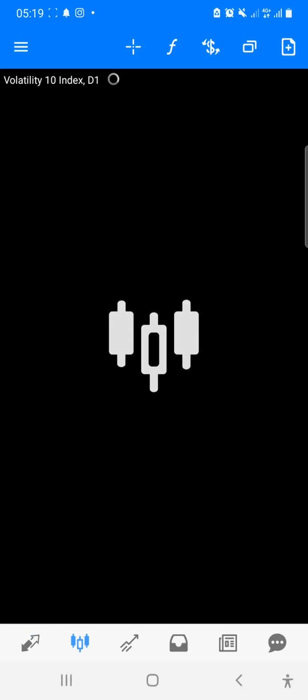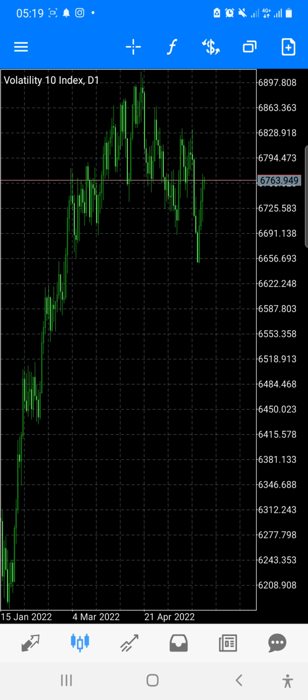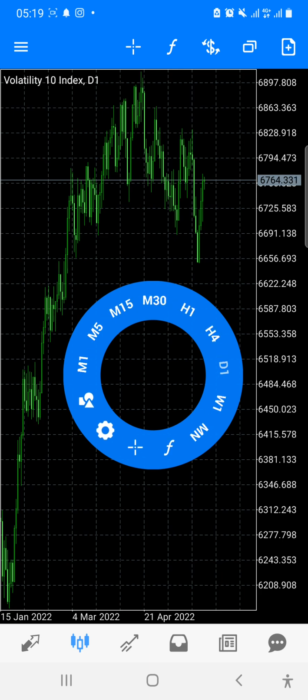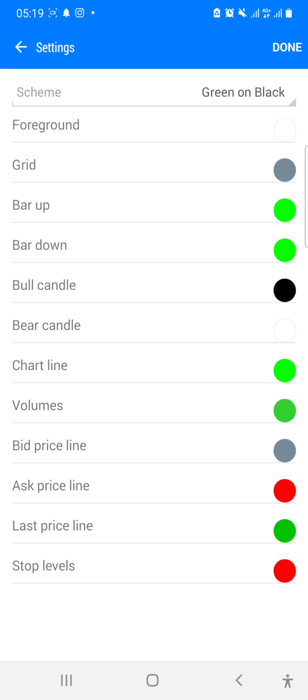So you go to the chart. Now this is the chart. If you want to change the chart settings, you click on your screen, go to settings, customize color.